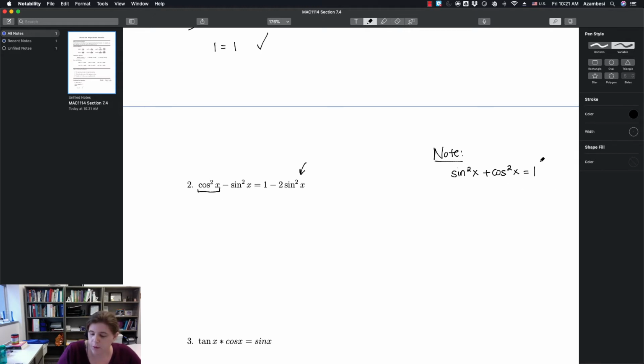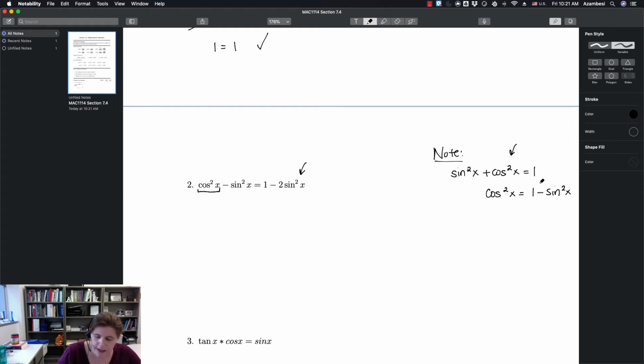Now you can move things around on the identity side of things. So this side, when we're working over here, we can add and subtract from both sides of the equation. So I can subtract sine squared x over to the other side. So cosine squared x is equal to 1 minus sine squared x.